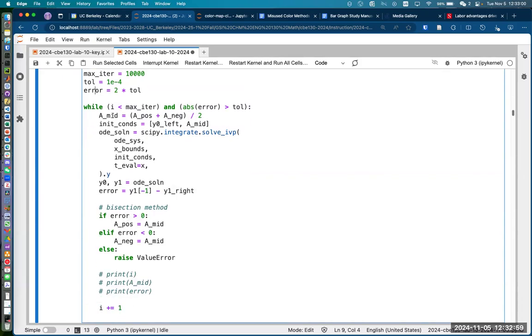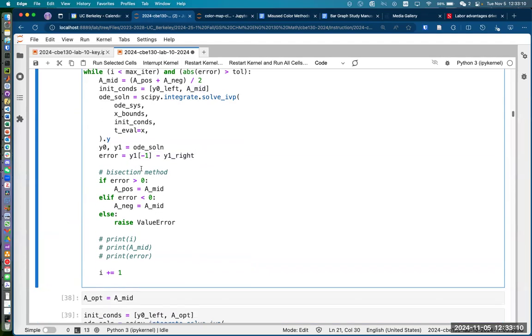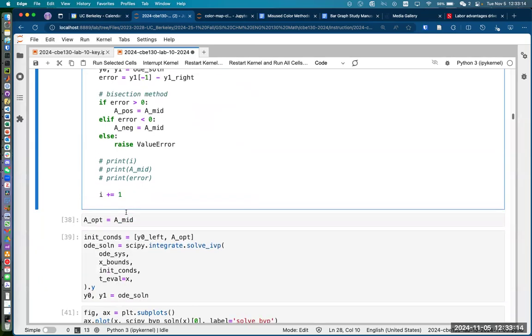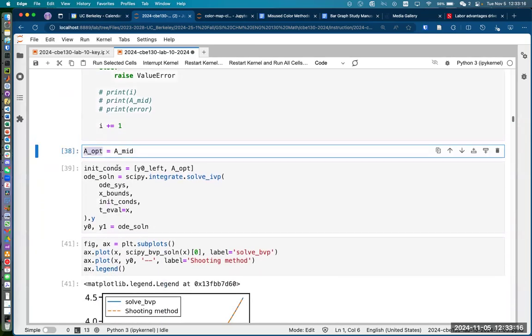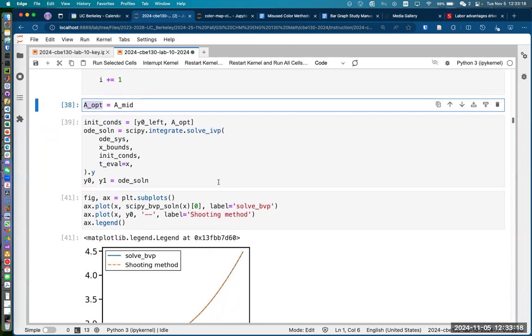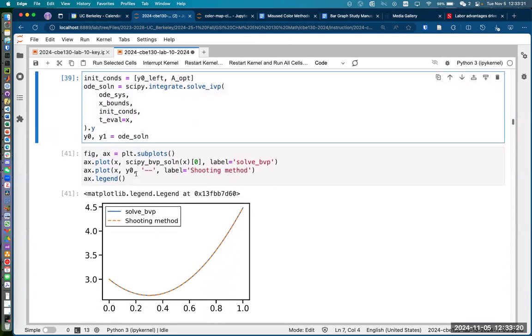And within the loop, I'll calculate the middle A and use the middle A as the guessed initial condition, solve the initial value problem, and calculate the error. And according to the error, I'll move the boundaries using the bisection method. And then with the optimum A, I solve the initial value problem the last time. And then we get the final result for the shooting method.